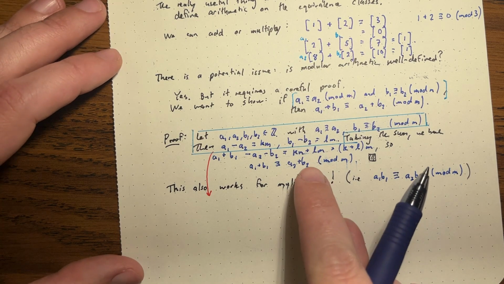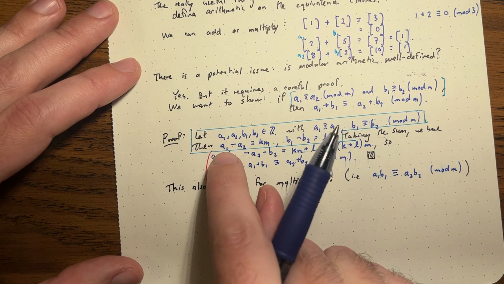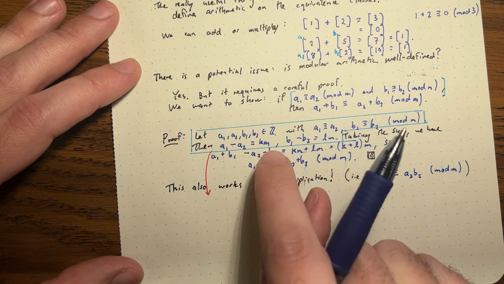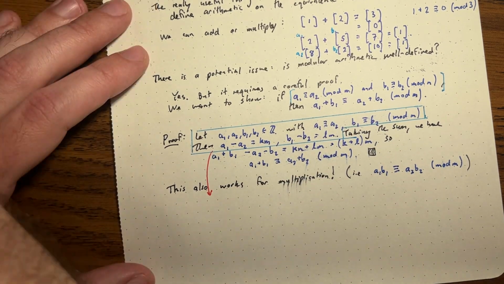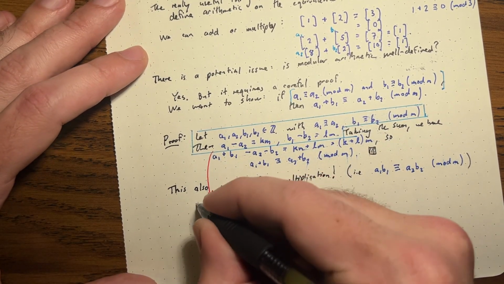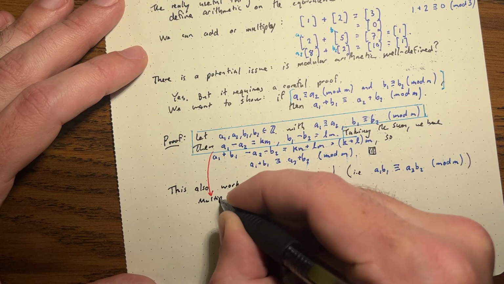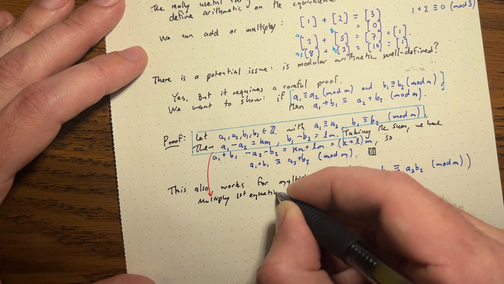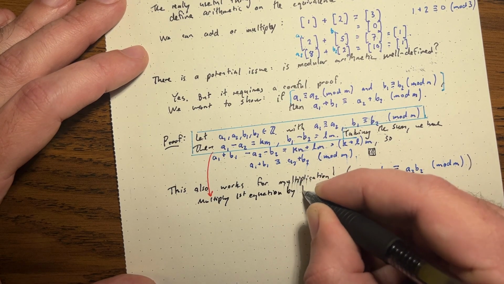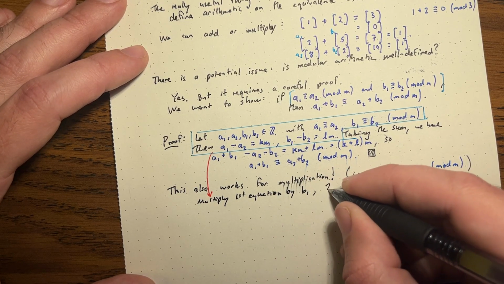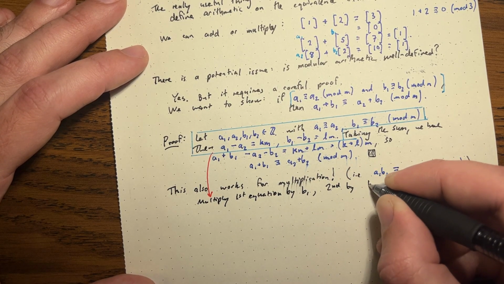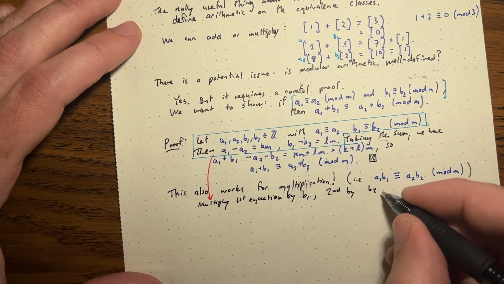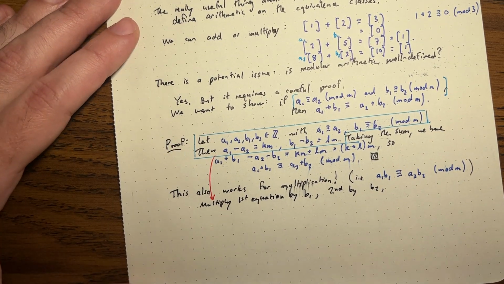Okay, so I think the idea is we want to get an A1 B1 to appear, right? So I think I want to multiply the first equation by B1 and the second by B2. I'm not sure I'm going to get all the correct terms that cancel out, but I'm just going to do that and hope that it works out.